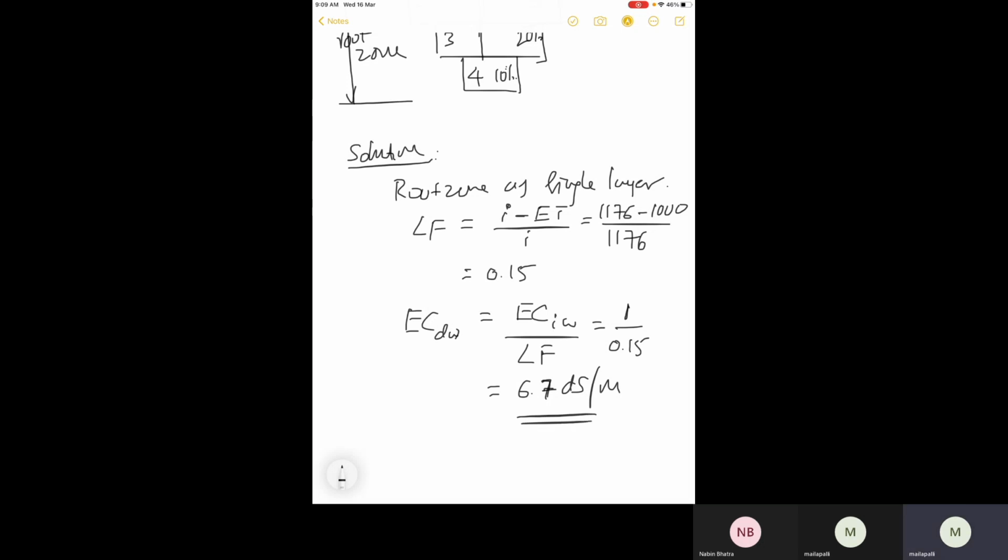This is considering the whole root zone as a single layer.